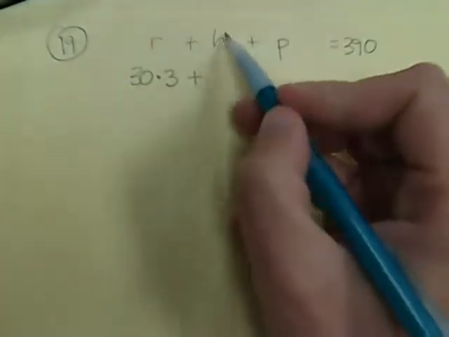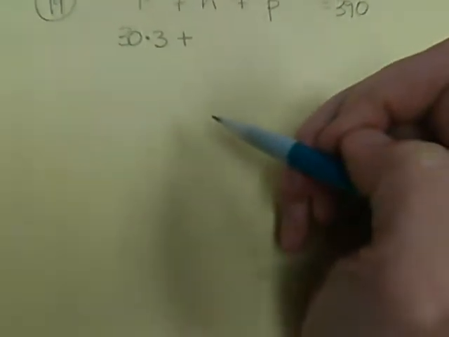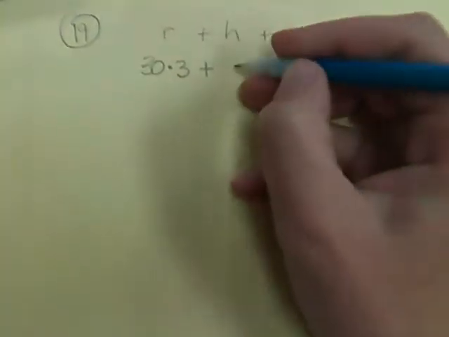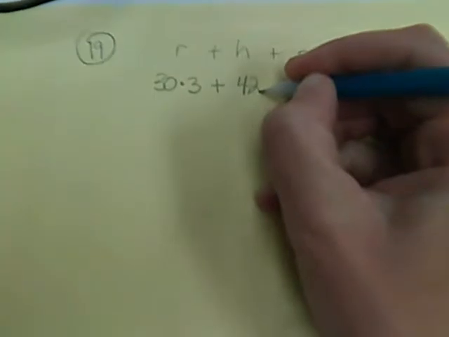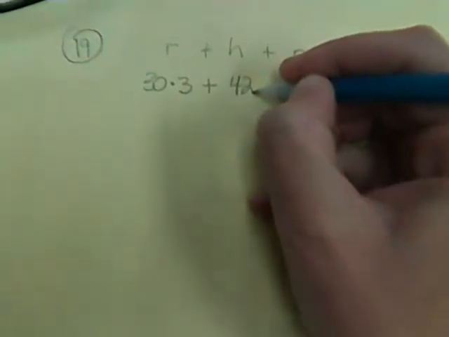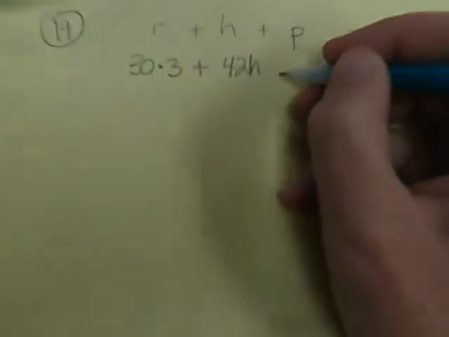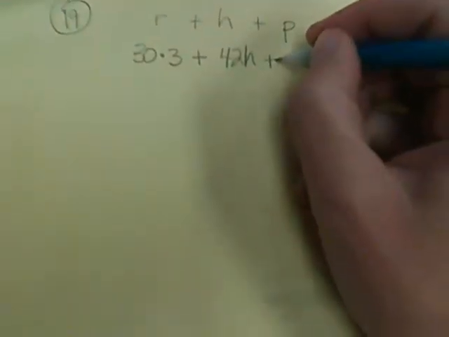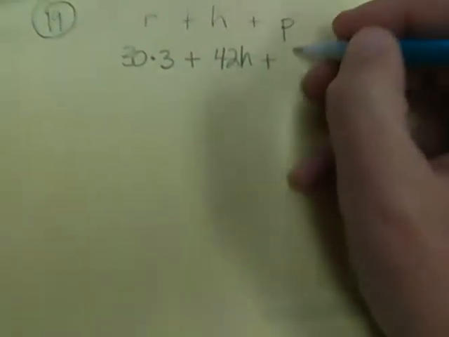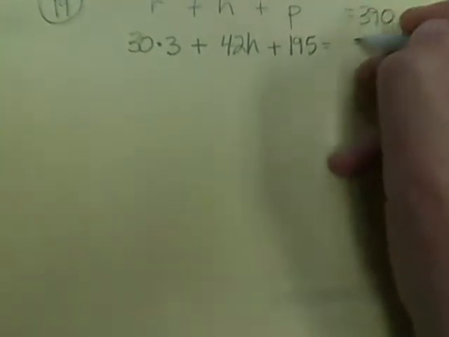Let's talk about overtime hours. He gets paid $42 for overtime hours, but we don't know how many of those he put in. We do know we're going to have to multiply them though, okay? So we want to stick that H beside it. And then we had to pay him $195 for new parts.